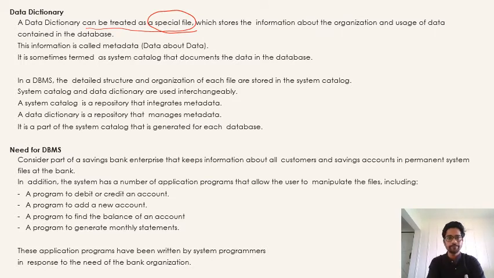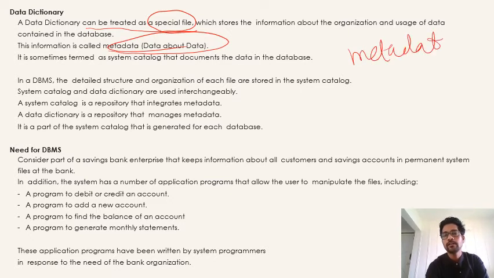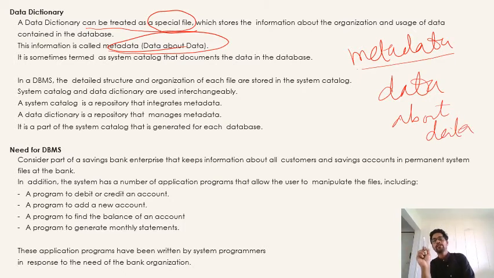In short, this information is sometimes called metadata. Metadata is simply two terms: it contains information about data, everything related to the data.